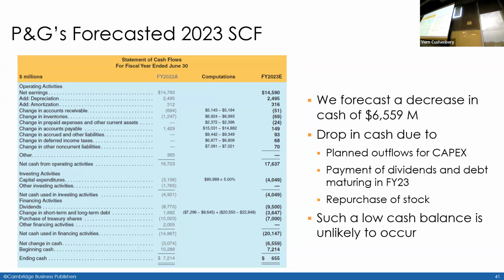Well, let's see here. Fiscal year 2022 actual, fiscal year 2023 estimate. So the actual change in accrued and other liabilities, I would say that was a zero, is what I'm guessing, because that was not a category on the 2022 actual statement of cash flows, or at least it's not reported here. But as you look out at the forecast, there is a change.